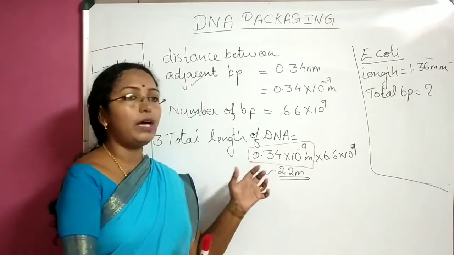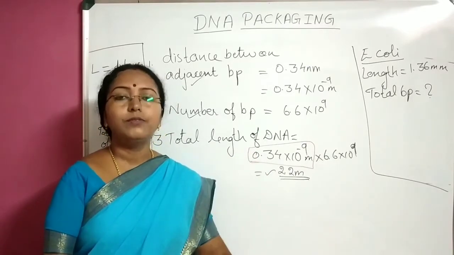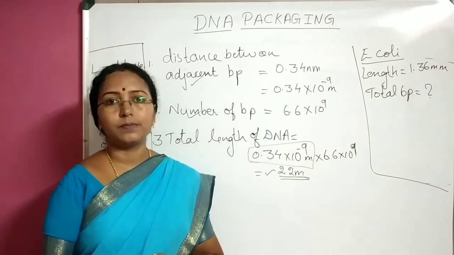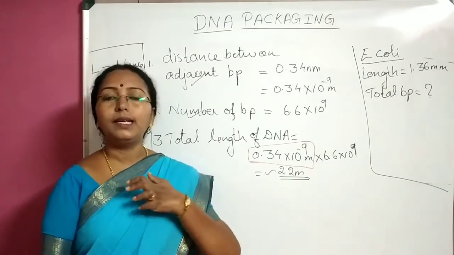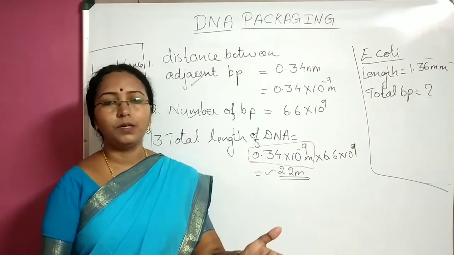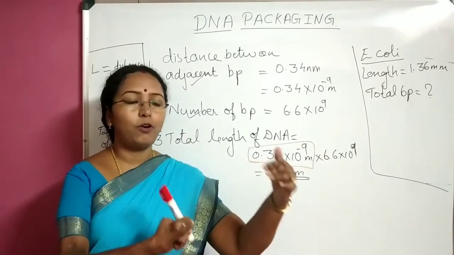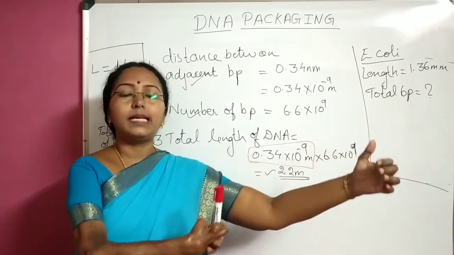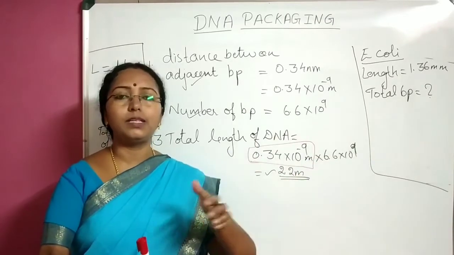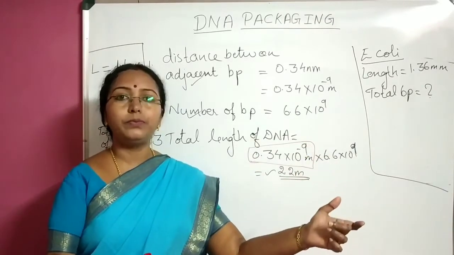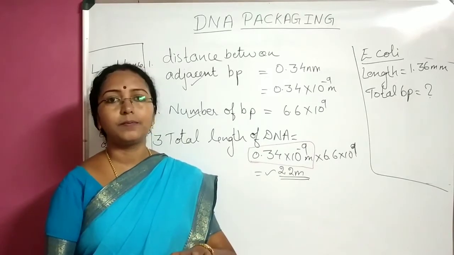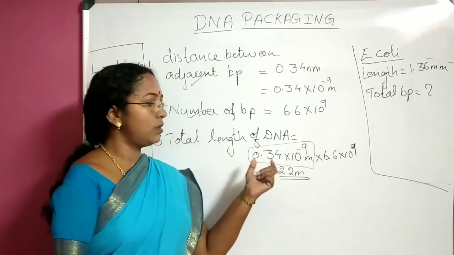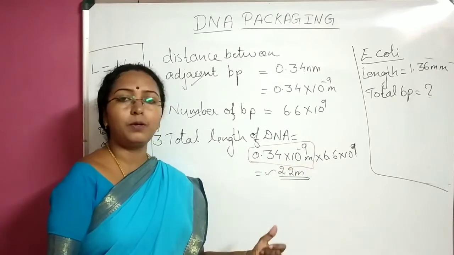This value is constant for almost all organisms, all organisms that have this B form of DNA. Like in the human body, we have the B form. There are different forms of DNA: A form, B form, C form, D, Z form, which we dealt with in the previous session. You should have a look at that session if you missed it, so that you will understand why this 0.34 comes.